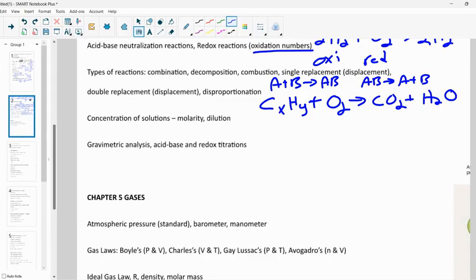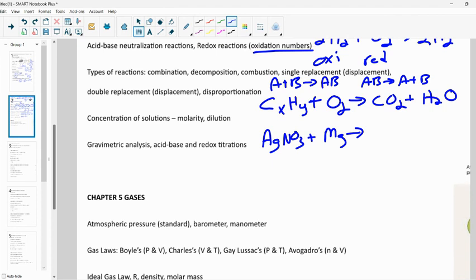Single replacement reactions. Our whole study of chapter 18 was single replacement reactions, right? We might have something like, what am I going to get out of this if I know a reaction occurs? The idea here is it's a redox reaction.